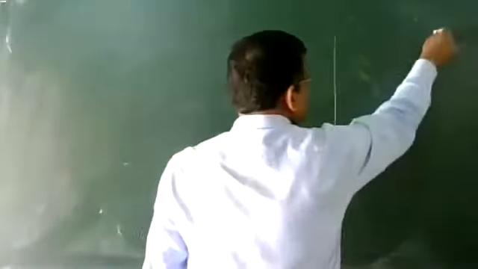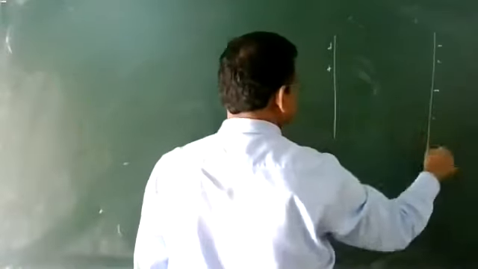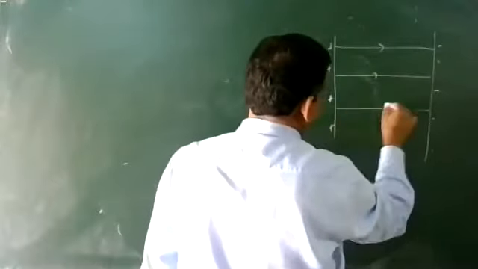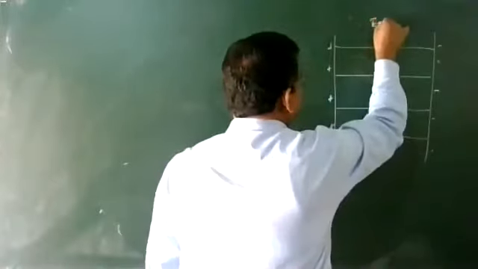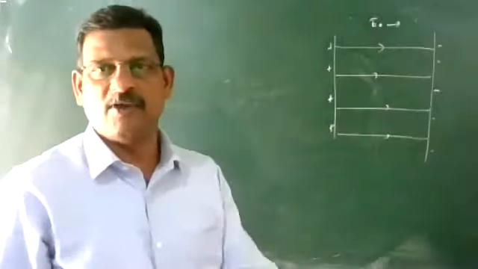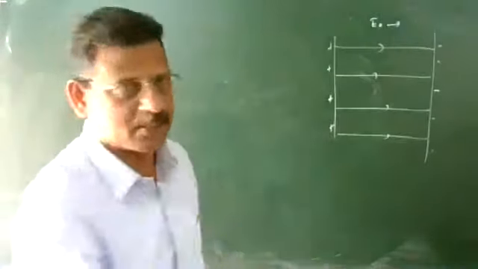Suppose this is the external field, again produced in two ways. The external electric field is here, and the value is E naught. In this uniform electric field, we are going to place a conducting slab, a copper piece, aluminum piece, etc.